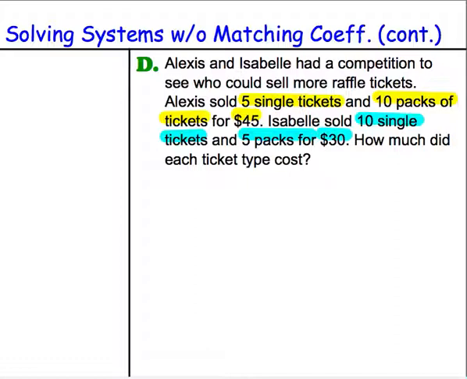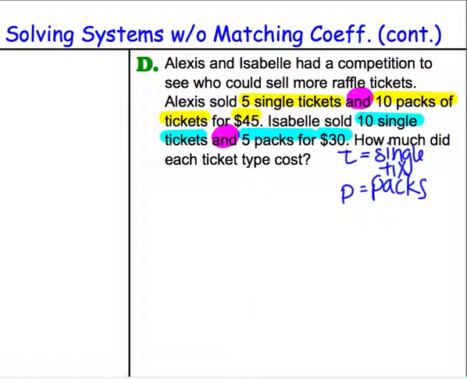And we see here that we have "and," which again is addition. So if we go ahead and write up these equations, if I let T be single tickets, and I use P for the packs, then we can go ahead and write these equations.